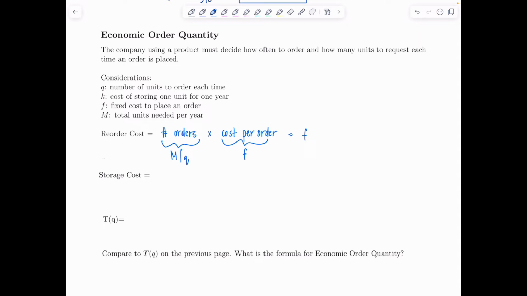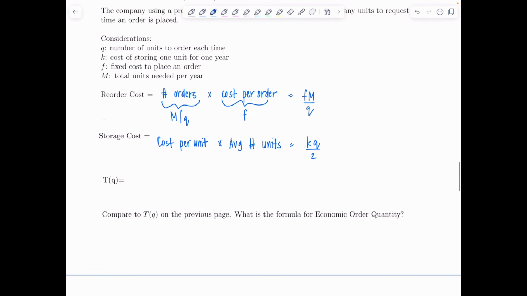So this is FM divided by Q. What is the storage cost? So that would be the cost per unit times the average number of units. So this isn't any different than before. That would be K times Q divided by 2. And so our total cost, reorder cost plus storage cost, is FM divided by Q plus KQ divided by 2.